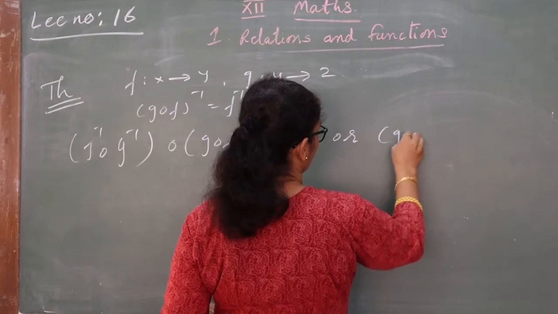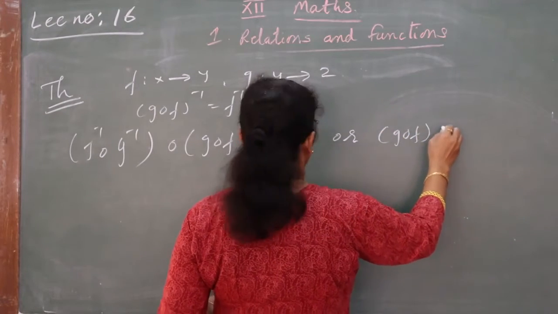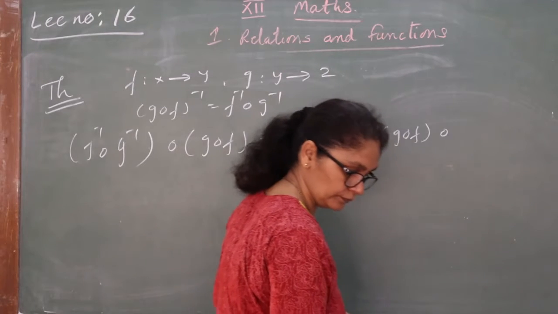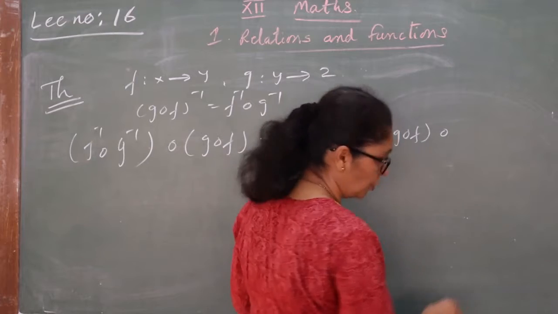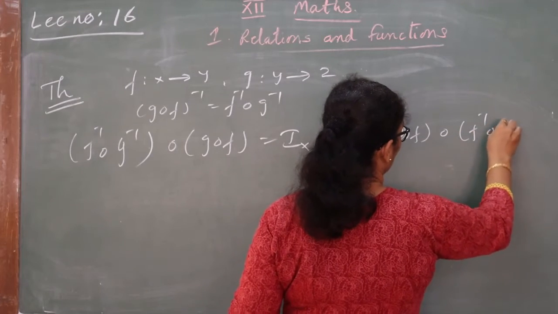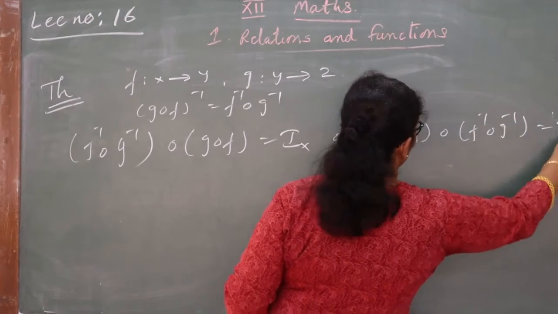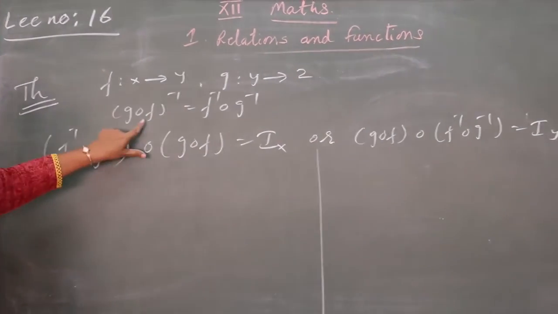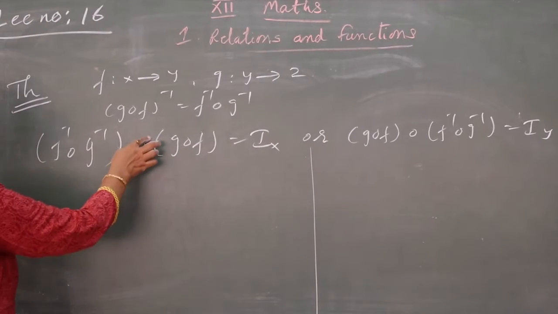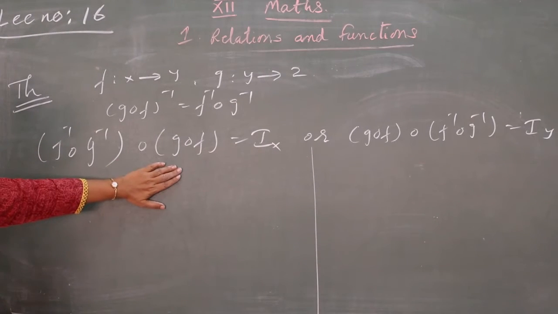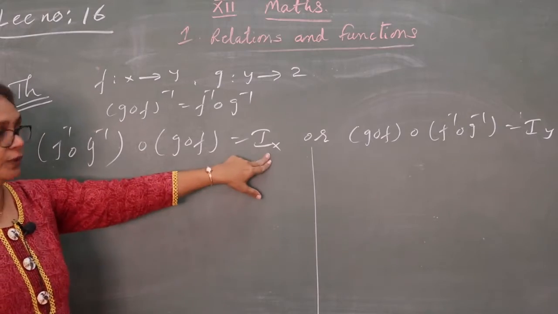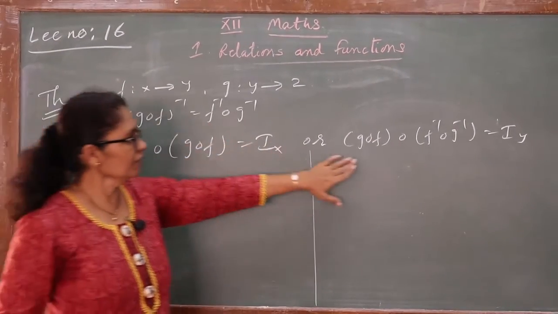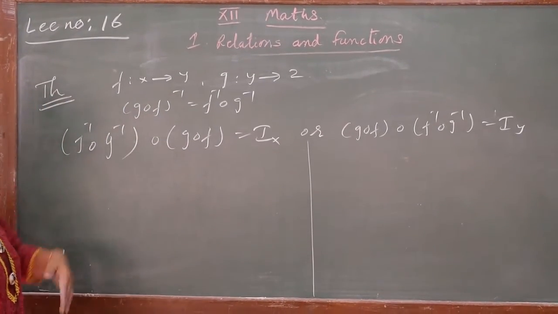G over F over, both ones we will prove, G over F inverse over G inverse equal to identity, this way. So both results show that we have used the concept of composition of functions. If we combine these two and we get identity, then you can say both are inverses of each other. Same thing we have taken here also and here also.